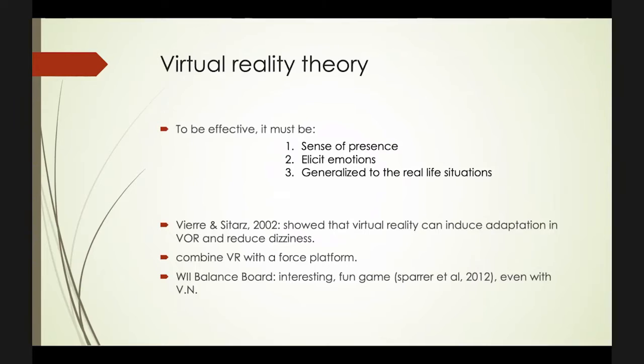A new technique used nowadays for vestibular rehabilitation is virtual reality. To be effective, there must be a sense of presence, it must elicit emotion, and it must generalize to real-life situations. Whitney and Sitarz 2002 showed that virtual reality can induce adaptation in the VOR and reduce dizziness.